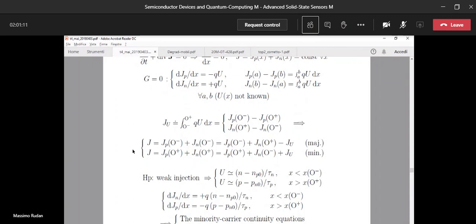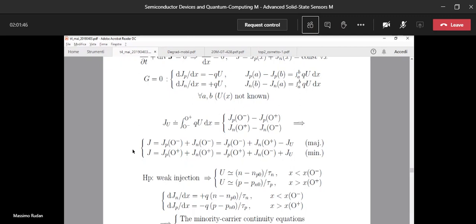Of course, we have introduced some approximations and some concepts that are left unexplained. So we must explain tomorrow. Number one, why is the diffusive term in the current density of the minority carriers dominant with respect to the drift term in a neutral region?